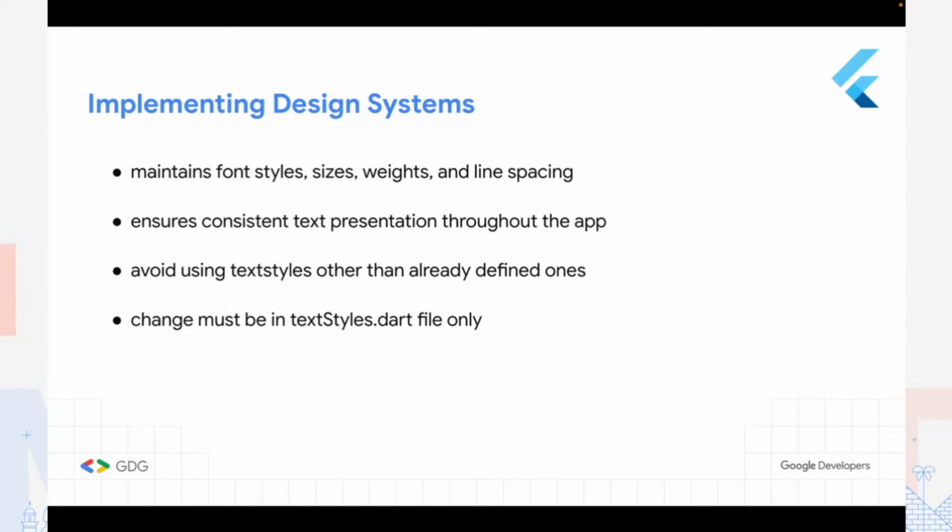So that is the reason in the design systems you won't face such issues, because automatically the change will be applied throughout the application. And avoid using text styles other than the already defined ones in textiles.dart, because then it's just going to be inconsistent during a modification, and you will simply end up writing more code.